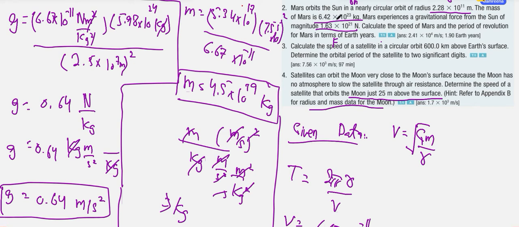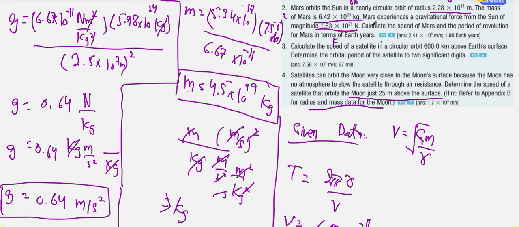Then we are given the gravitational field, or gravitational strength of Mars, which is basically gravity, or another name of gravity. We need to calculate the speed of Mars and the period of revolution of Mars in terms of Earth years.